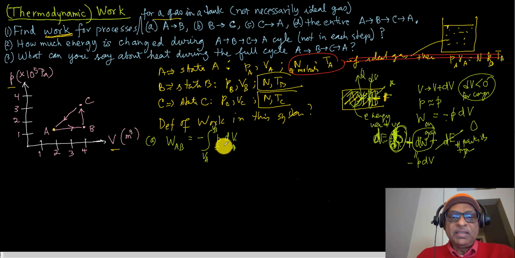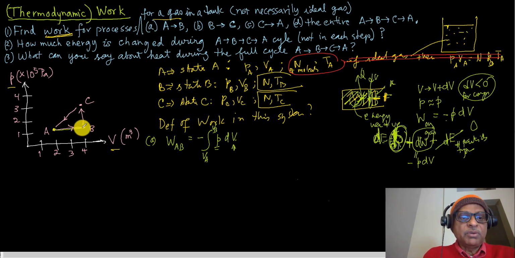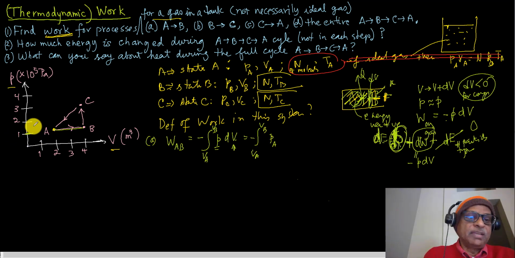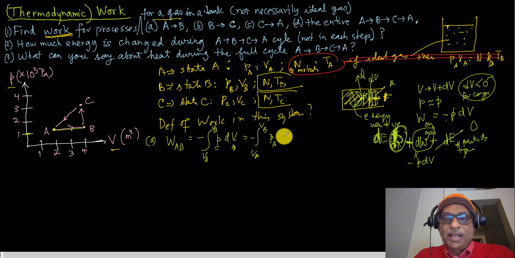Now P on this process is constant, so it just comes out of the integral. PA is equal to PB, and then you have a dV, and this comes out of the integral.